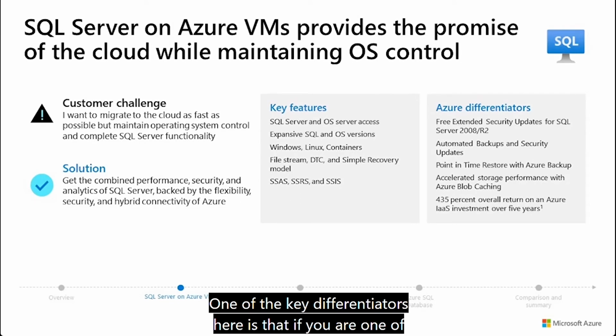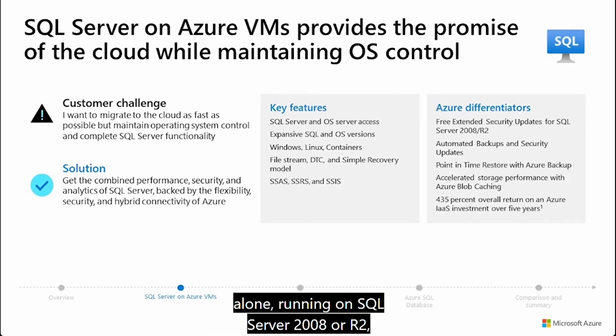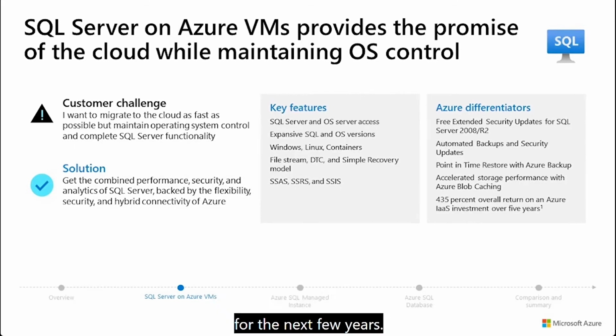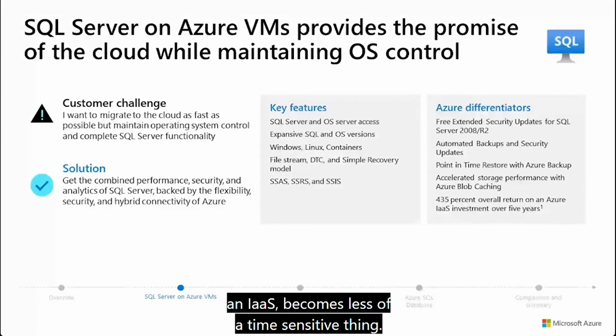One of the key differentiators here is that if you are one of those customers running on SQL Server 2008 or R2, and you're not alone, we're going to give you free extended security updates for the next few years, so that shift to upgrading or moving to a PaaS service or just upgrading in IaaS becomes less of a time-sensitive thing.